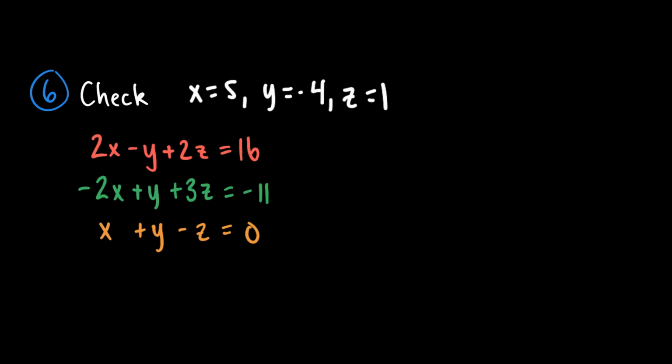So let's see. We need 2x minus y plus 2z is equal to 16. Let's plug these in. Apparently x is 5, y is negative 4, and z is 1. So what would this be? This would be 10 plus 4 plus 2. Is that 16? Yep, so that works.